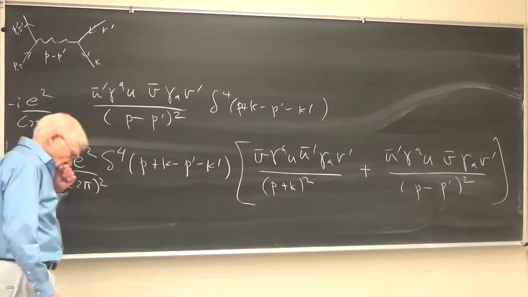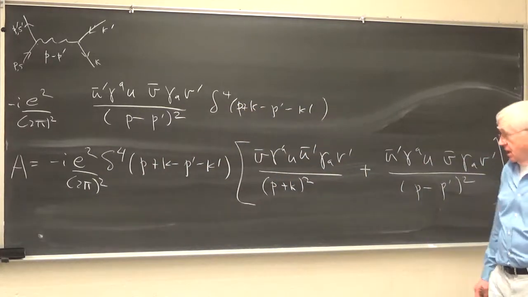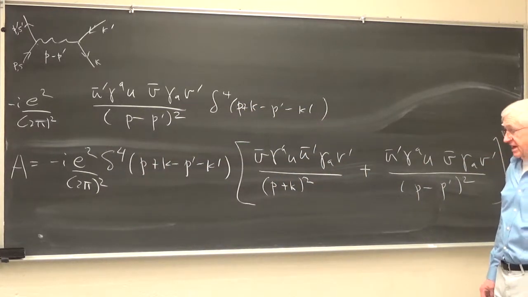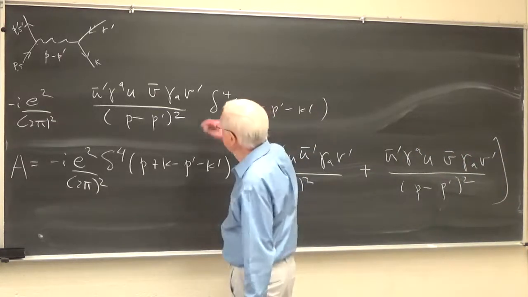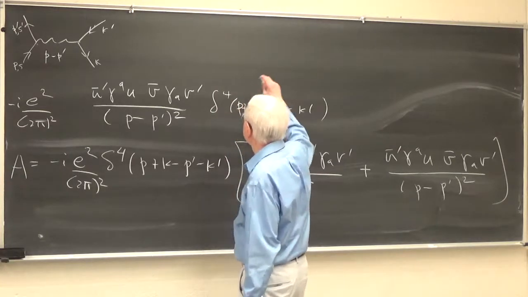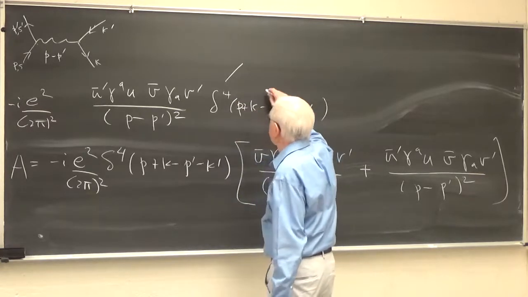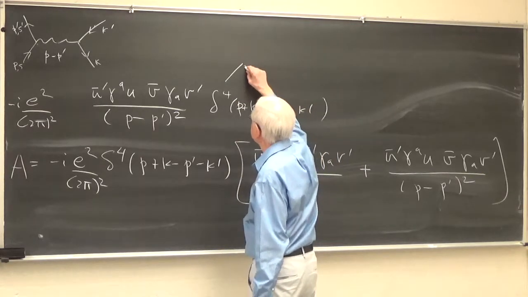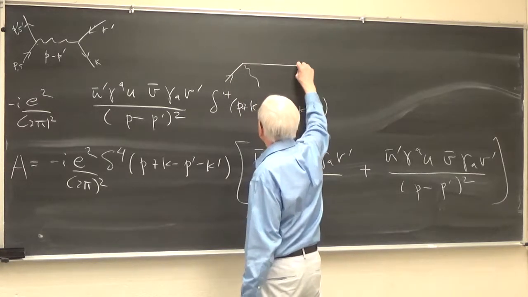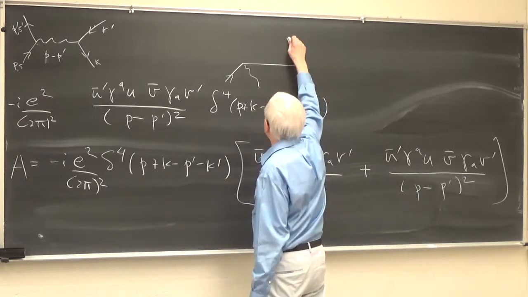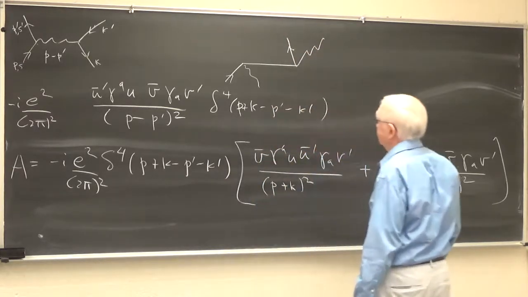Weinberg does Compton scattering in detail in his text. In Compton scattering, as you know, you have an electron going in and a photon going in, then an electron going across, and an electron going out and a photon going out.